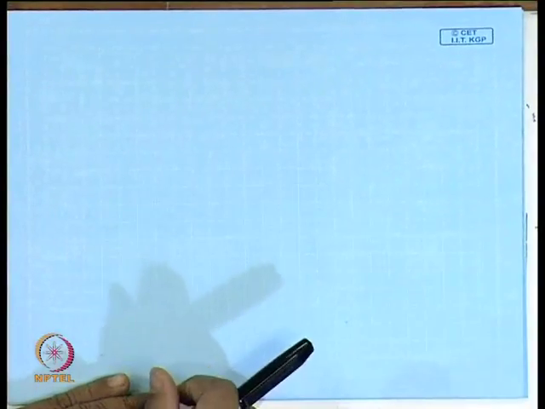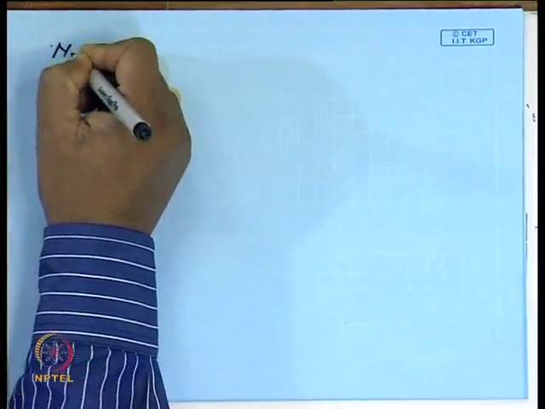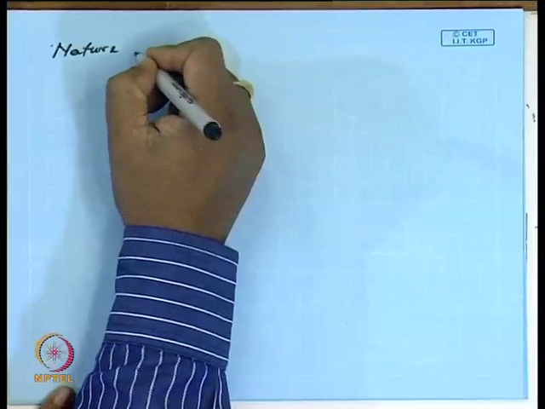And now let us see, because we have seen that in case of an aerofoil we have a trailing edge and a leading edge. What happens at the trailing edge, particularly when z is equal to minus b? So, let us look at the nature of the trailing edge.